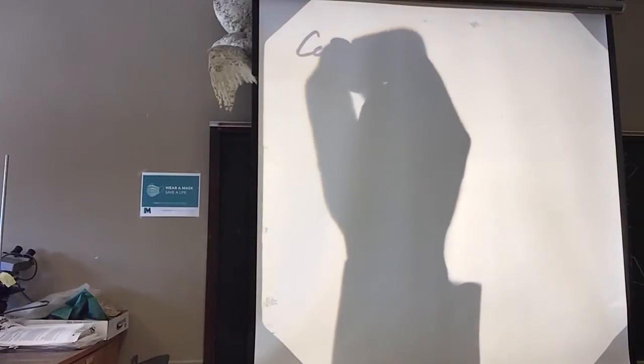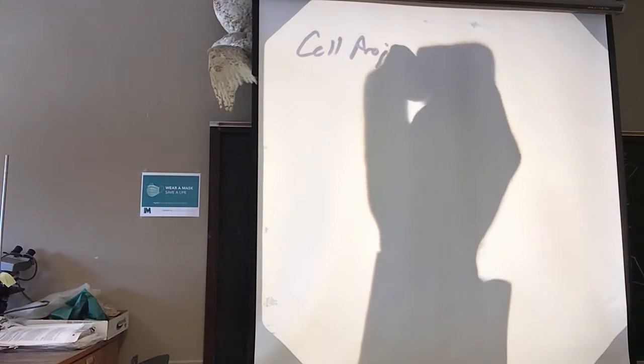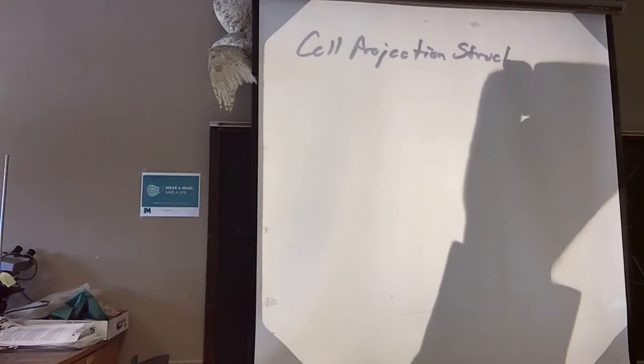This is 100, 200 years ago. So they decided they were going to call it a fake foot. And that's what a pseudopod is in Latin. So these are cell projection structures. Probably heard that story from the first semester.